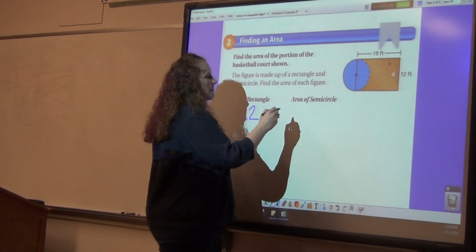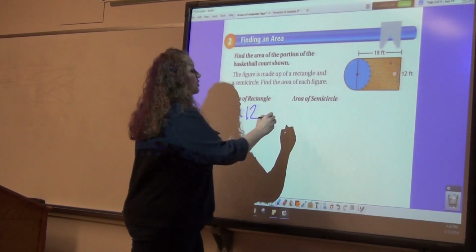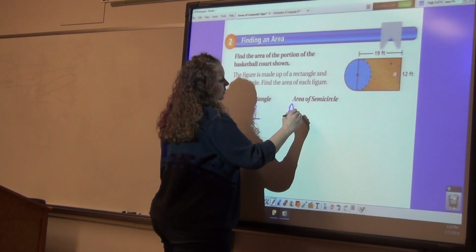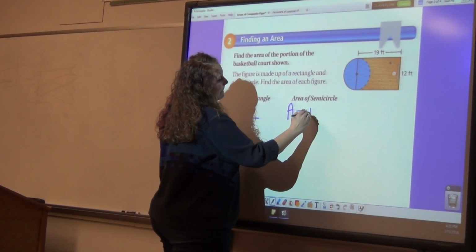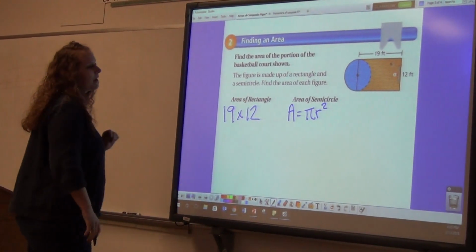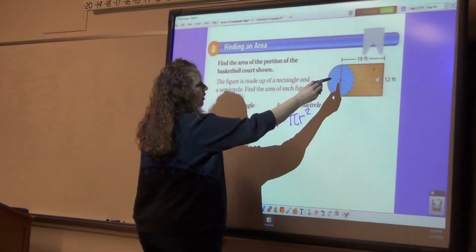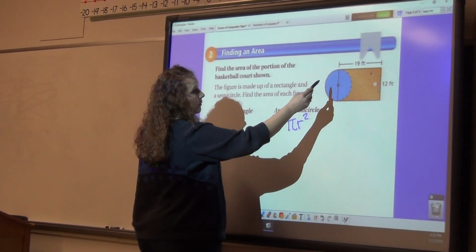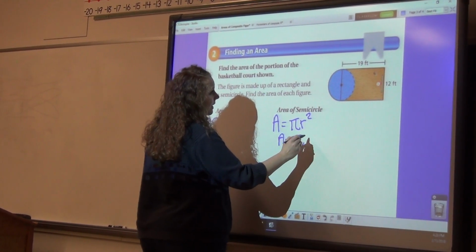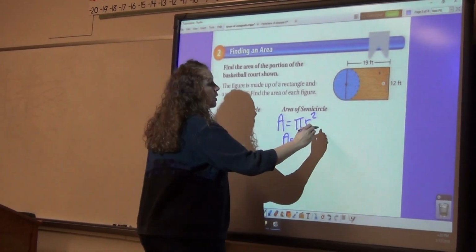And the area of our semicircle is going to be, you're going to use the area of a circle, which is pi times the radius squared. So pi r squared. We know that our diameter is 12 feet. Our radius is half of that. So our area is going to equal pi times half of the diameter, which is 6 squared.